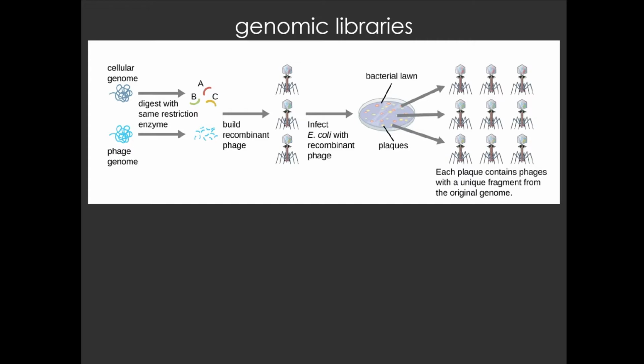You allow them to infect E. coli, and then you collect the phage progeny from each of those initial recombinant bacteriophages in the plaques that result in the bacterial lawn that you've grown. So you now have a library that consists of all of these bacteriophage that each house unique fragments from the genome of the organism of interest.